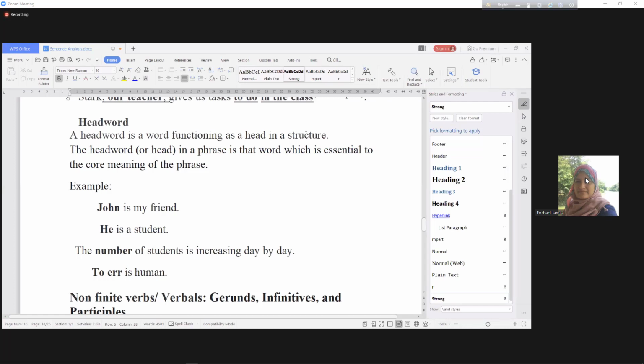According to headword, actually we use the verb. The verb must agree actually with the headword. Okay, so a headword is a word functioning as a head in a structure. So headword is very, very important for any kind of English sentence. Without headword or without subject, you can't have English sentences.